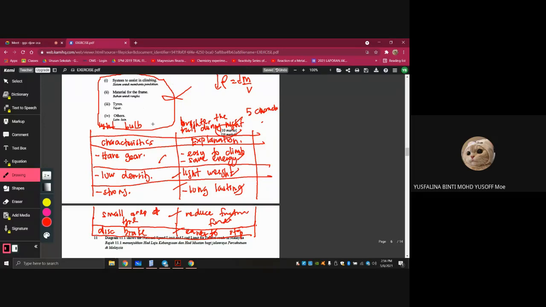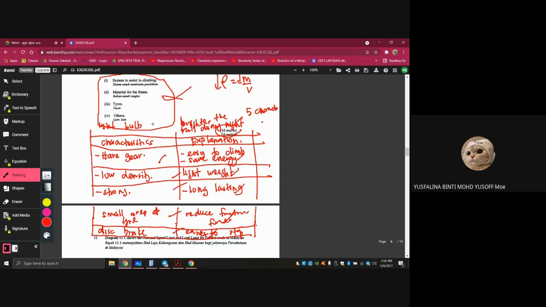Can I still get the mark? Yes. So let's say you give the characteristic has gear, correct? But your explanation is wrong, you can still have the mark for the gear, 1 mark. But for explanation, teacher, if my explanation is correct, but my characteristic is wrong, never mind, you can still have 1 mark.